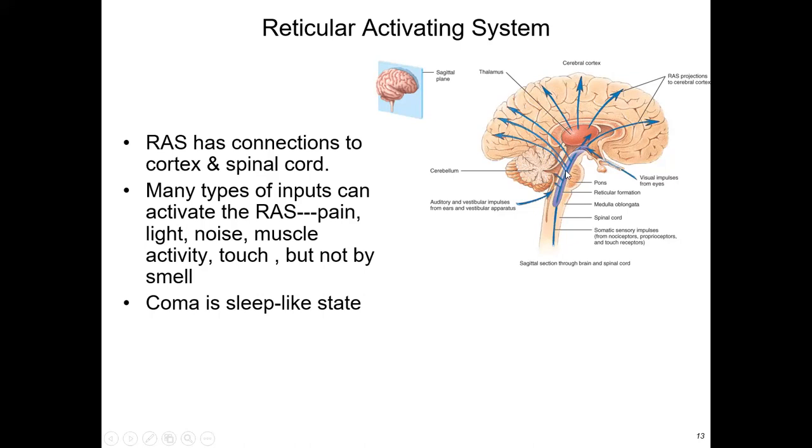And in the morning time, the reticular activating system will send out nerve impulses to the cerebrum, telling it to turn on, so we wake up. And at nighttime, the reticular activating system lowers its nerve impulse output, and the cerebrum is allowed to turn off to go into an unconscious state we call sleep.